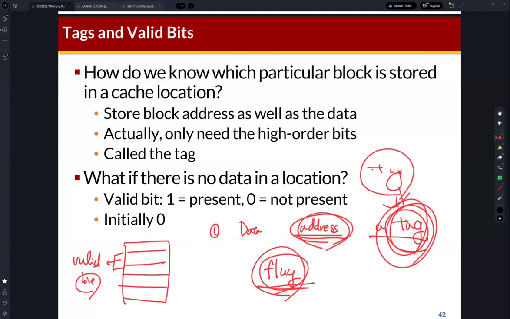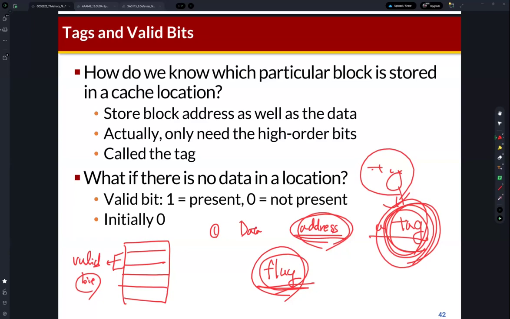In a cache, we require a data space, so data needs to be stored in a cache. Also, we need to store the tag, the part of the address for identifying data.